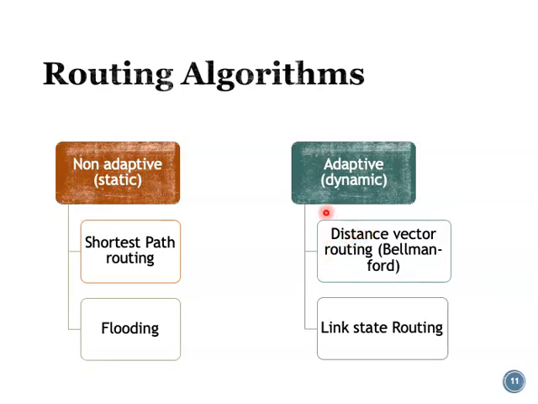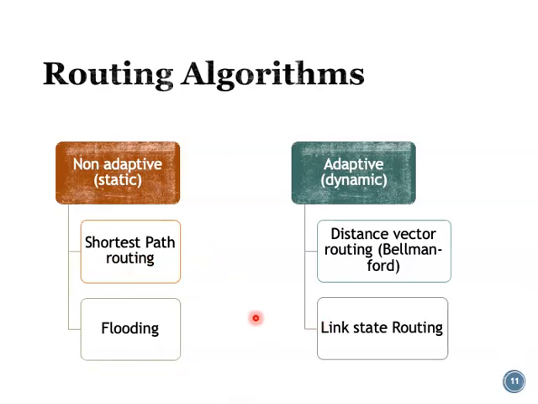It is more responsive to the network compared to the static algorithm. An example of a static algorithm is shortest path routing, which is simple and easy to understand because its task is to choose a route between a given pair of routers. The algorithm will find the shortest path between them on the graph.